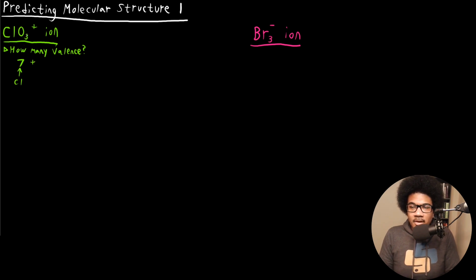Plus, oxygen has a characteristic valence of 6. There are 3 of these, so we'll have 6 times 3. That accounts for the 3 oxygens. Now, since we have a positive charge, that means we're going to have 1 less electron than we have protons, so that's going to be a -1 off of these characteristic valences. And so when you add all of this stuff up, you get 24 valence electrons total.